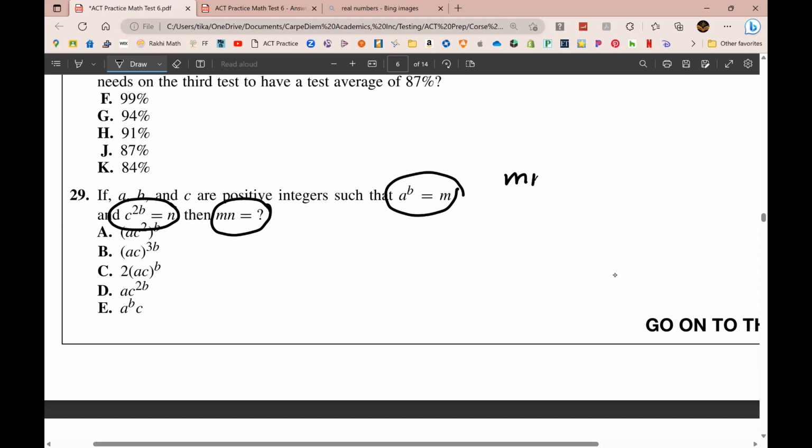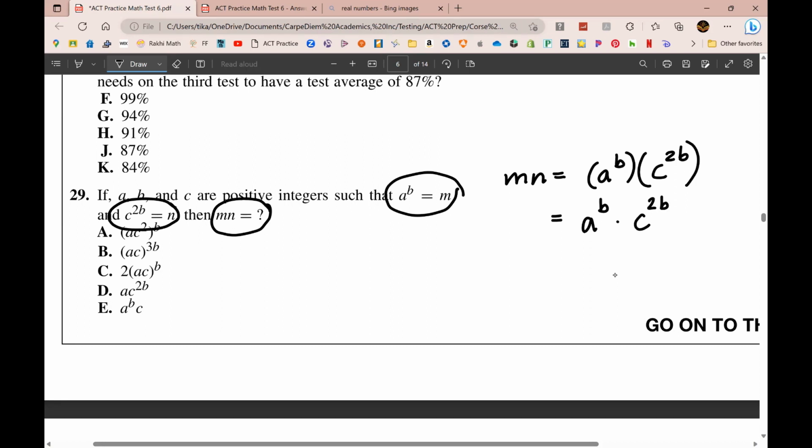MN equals, well, what's M? A to the B. And what's N? C to the 2B. All right, well, what can we do with this? We have A to the B times C to the 2B.